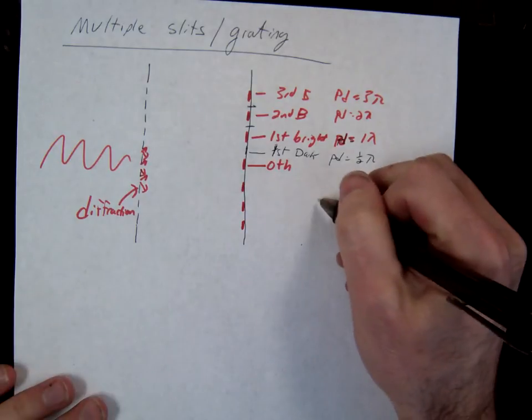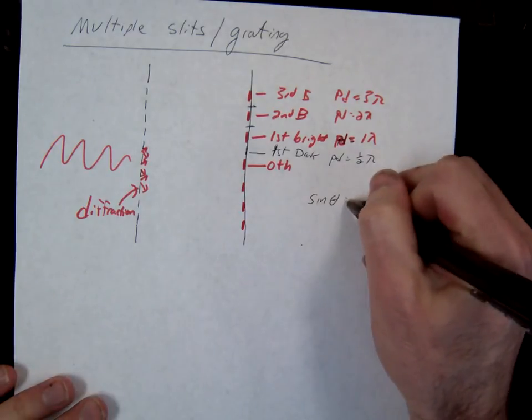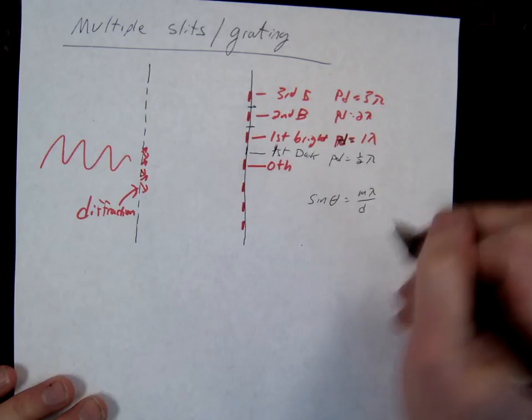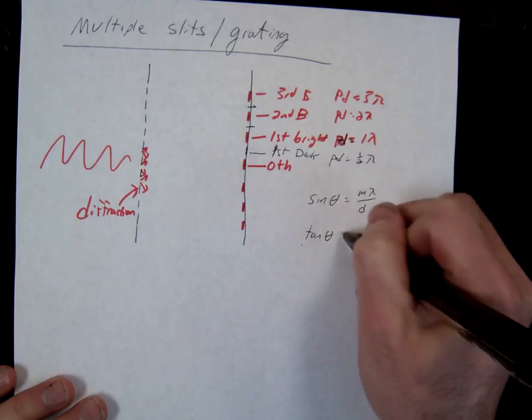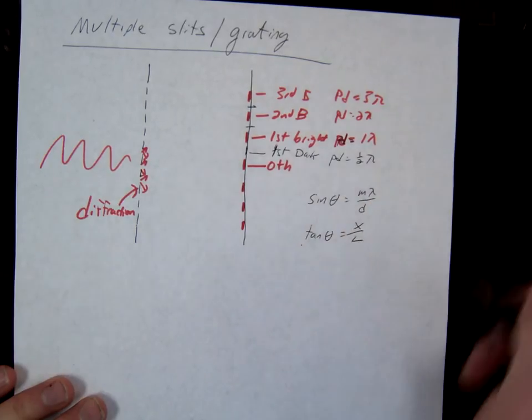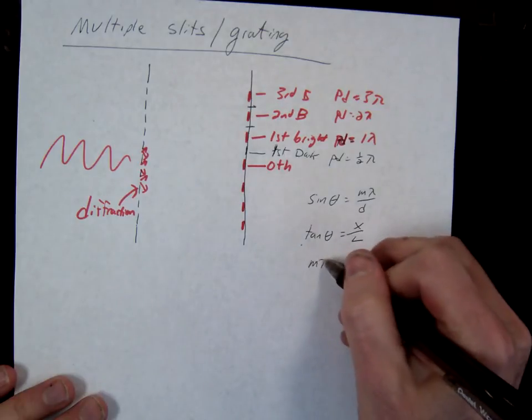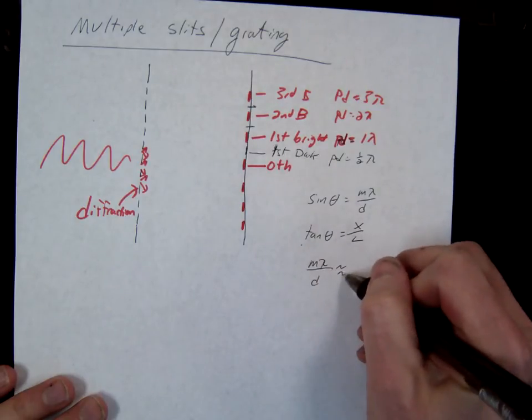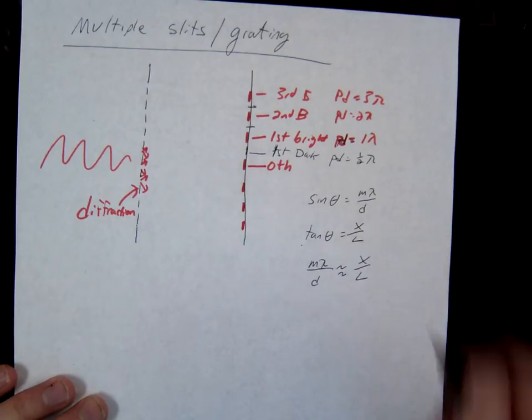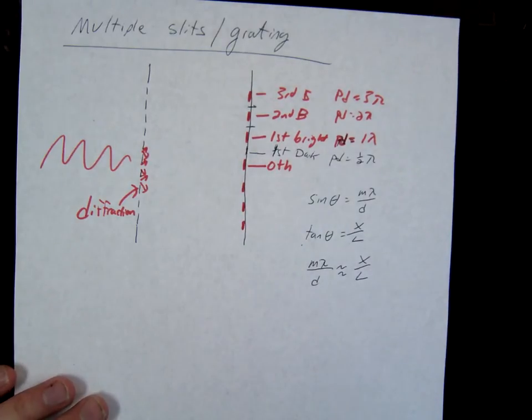We're still going to use sine theta equals m lambda over d, tan theta equals x over L, and for small angles, m lambda over d approximately equals x over L. So nothing has changed here. These are all going to be the same.